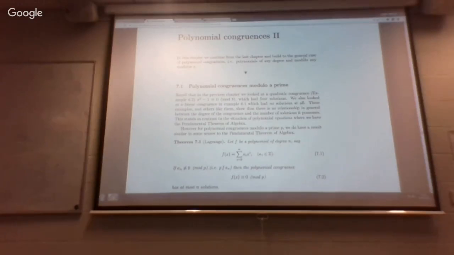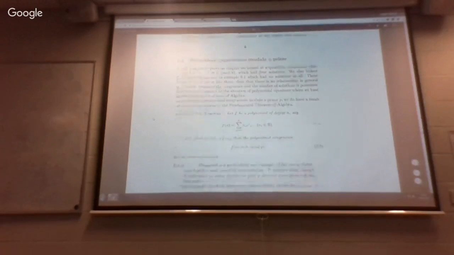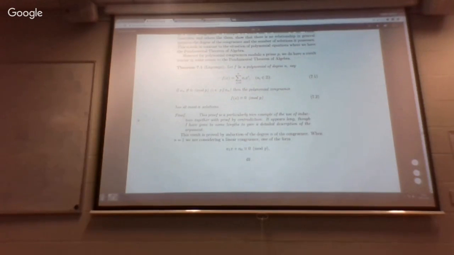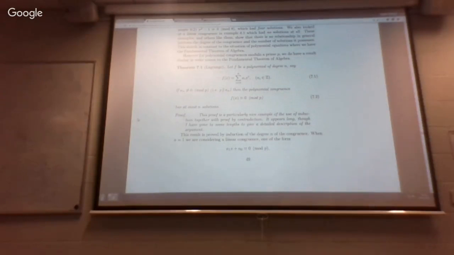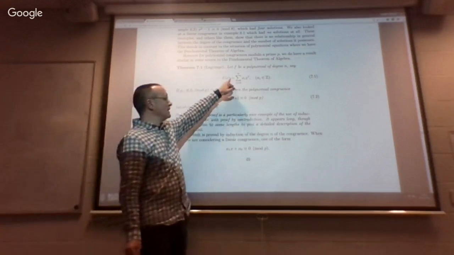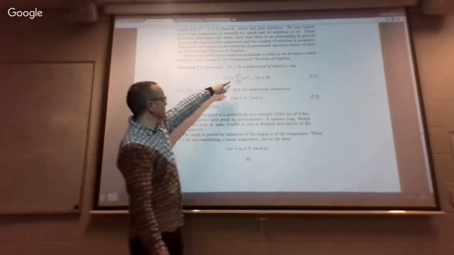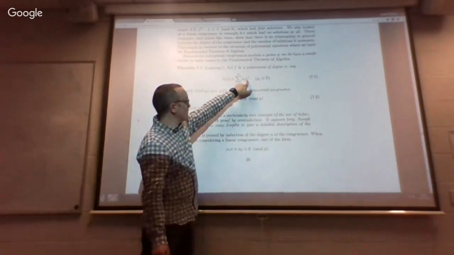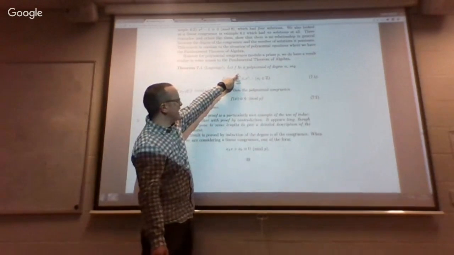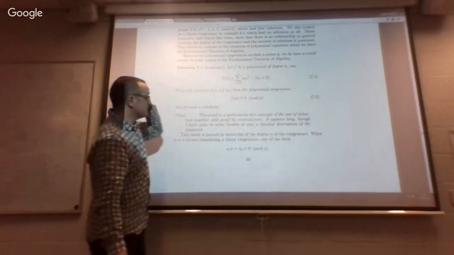Then we came to chapter 7, on polynomial congruences, and the first result we looked at, last week, was this nice theoretical result due to Lagrange, which places an upper bound on the number of solutions that a polynomial congruence modulo a prime might have. Okay? And this upper bound is nicely provided by the degree of the polynomial. So a polynomial of degree n, which this one is, because it's the sum of a_i x to the i from i equals 0 to n, so it's of nth degree.